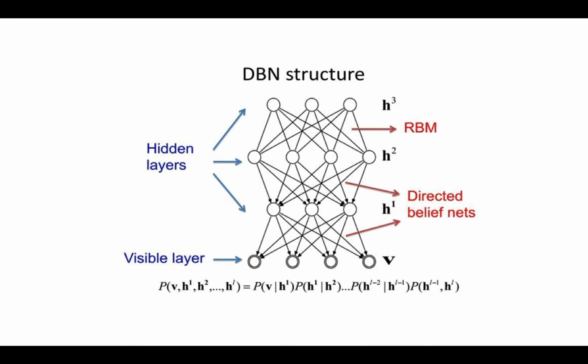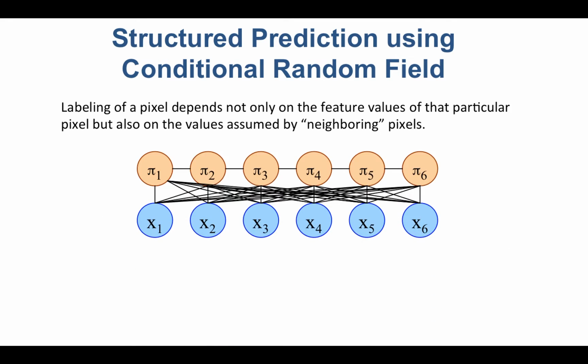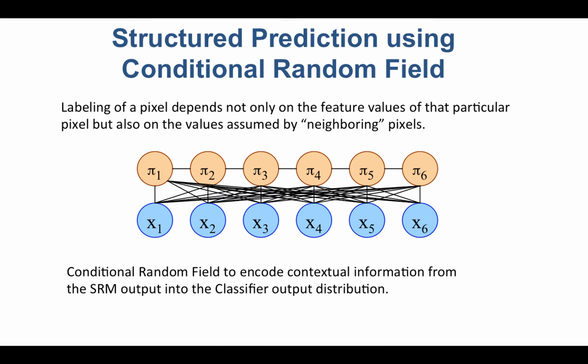In a DBN, each layer is trained using a restricted Boltzmann machine, as you can see in this figure. Finally, a conditional random field performs structured prediction to combine the labels generated by the SRM algorithm and the DBN-based classifier.